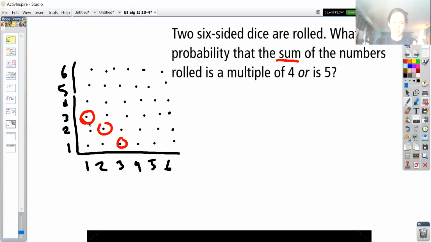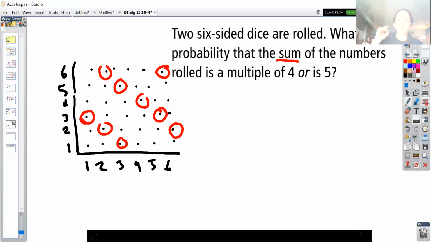Because that's also a multiple of 4. So for them to add up to 8 would be 6 and 2, 5 and 3, 4 and 4, 3 and 5, 2 and 6. Or 12 is also a multiple of 4, so 6 and 6. There you go. All of those would be multiples of 4.